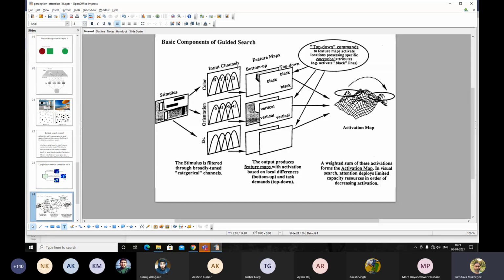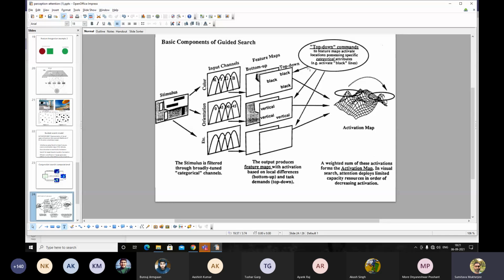So you have these RGYB color based channels. You have orientation, 0 degree to 45 degree, and likewise, and other stuff. Then you create feature maps. Feature maps can happen bottom up, the black, vertical, like this. It can also have top down, something which you were just asking.